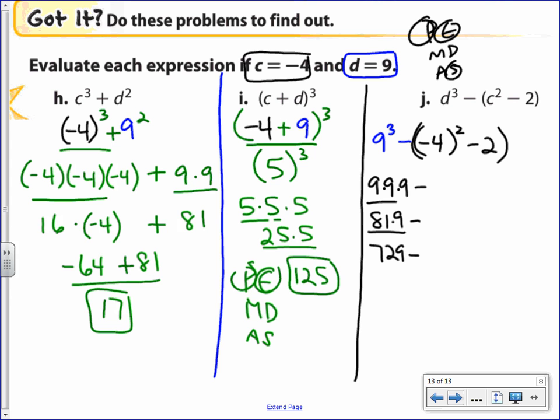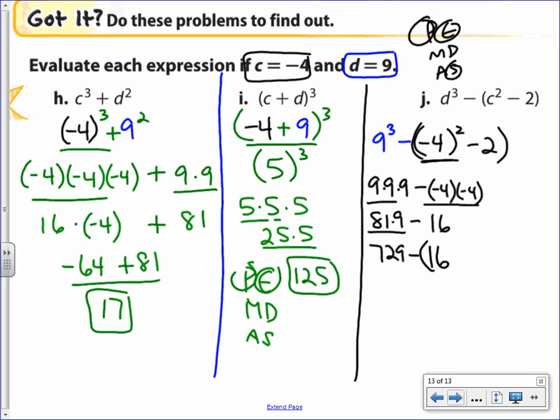Minus. Now inside my parentheses, I have to follow the order of operations again. And you see I have an exponent, so that has to happen first. So I have a negative 4 times a negative 4. And negative times negative is positive, and 4 times 4 is 16. So I'm just going to drop this 16 down.